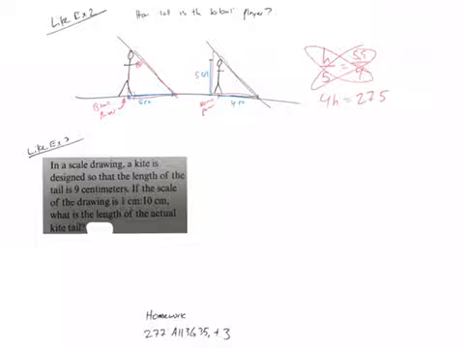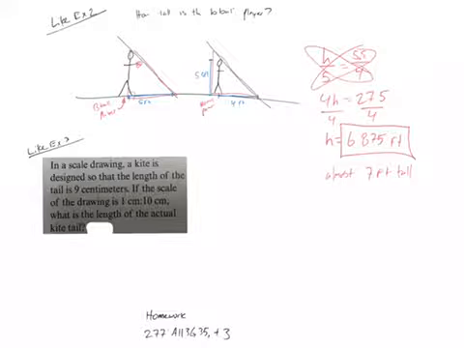Divide both sides by 4. So the height of the basketball player is approximately 6.875 feet. That's how tall he is. 6.875 feet, so almost 7 feet tall. Wow, that's a tall basketball player.